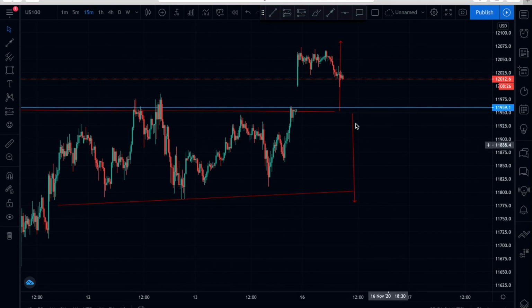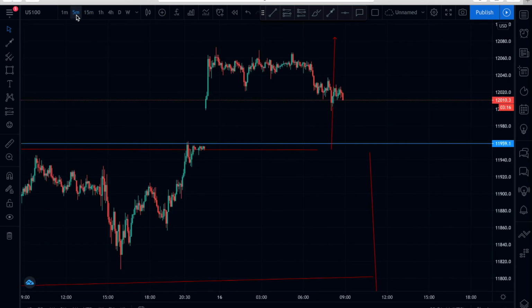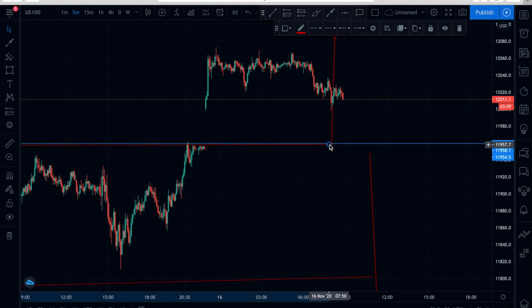Now, when I get to the 15 minutes, I like to go to 5 minutes to check what the price is doing there. Okay. So I see that we are really approaching this part that I'm talking about. And if it reaches this part, then it will retest, close the gap, then go down.